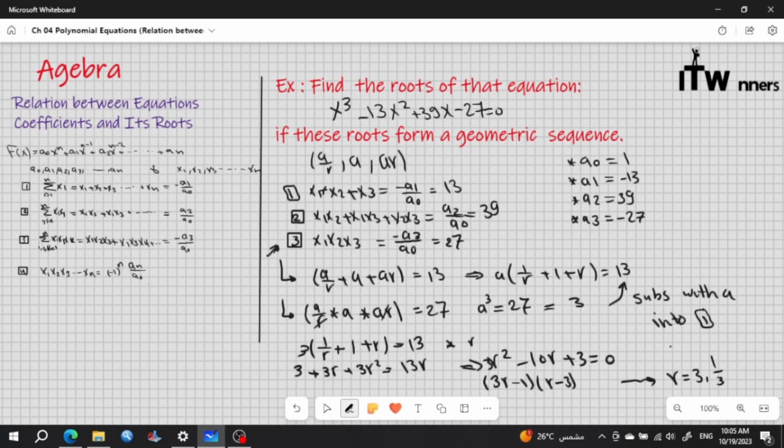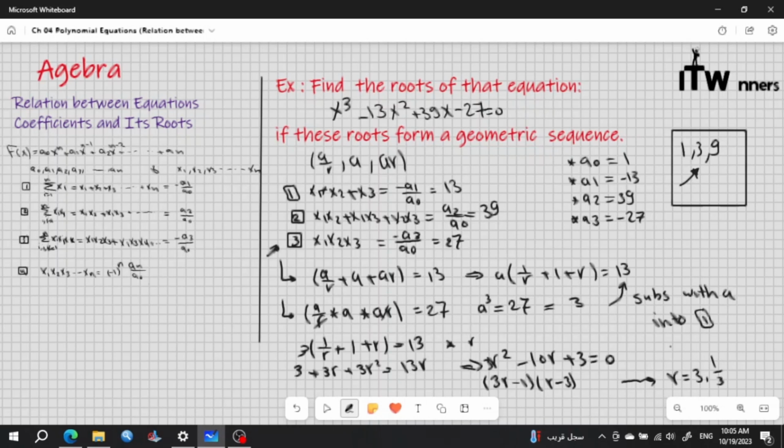Then if we substitute a equal to 3 and r equal to 3 or 1/3, our roots are 1, 3, 9. Okay, these are the roots of this function.